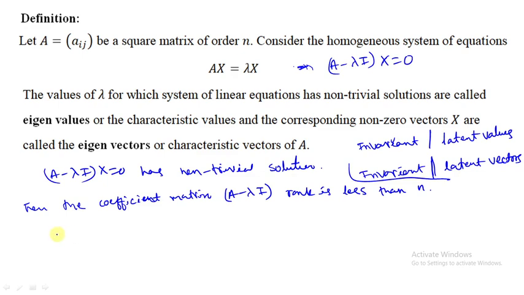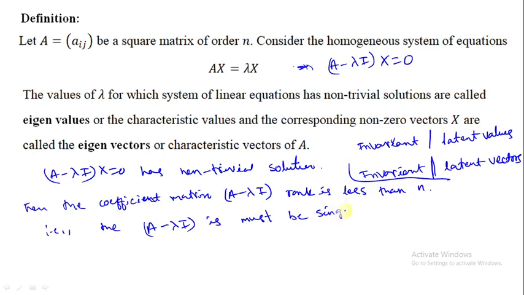That is, the coefficient matrix A minus lambda I must be singular. Rank less than n means it must be singular. Therefore, singular means the determinant of A minus lambda I is 0.